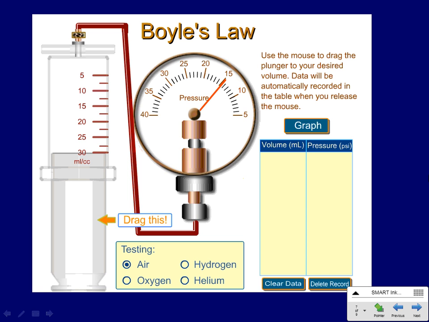It's about 14. It's really close to 14.7. What unit measures the atmosphere at 14.7? PSI. So you can see here, we're reading PSI.